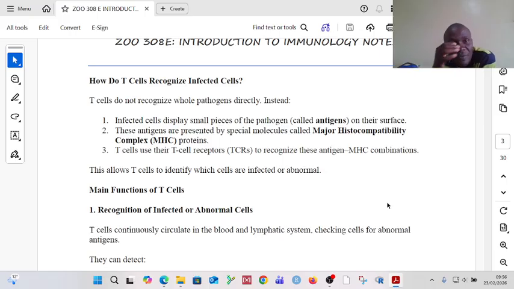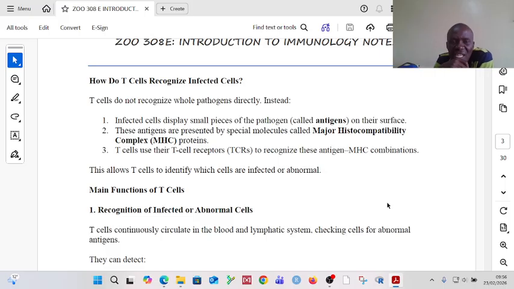Okay, so that is how the T cells end up recognizing a cell that is either infected or abnormal. It looks out for the small pieces of that pathogen, which we are calling an antigen. And those small pieces will be displayed on the surface of that infected cell.